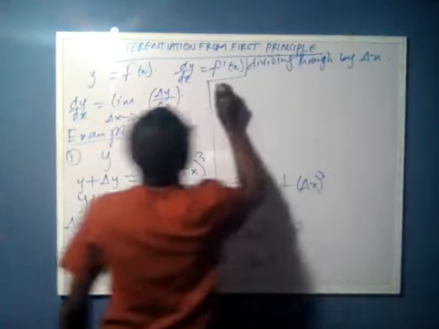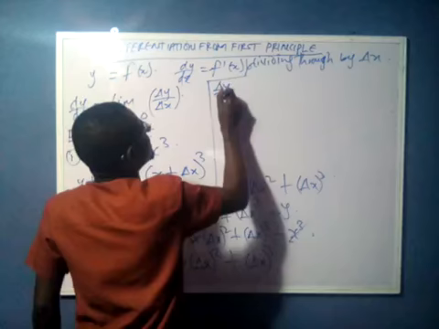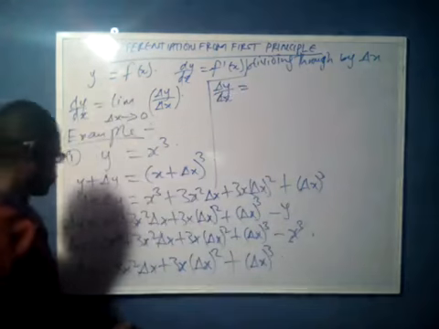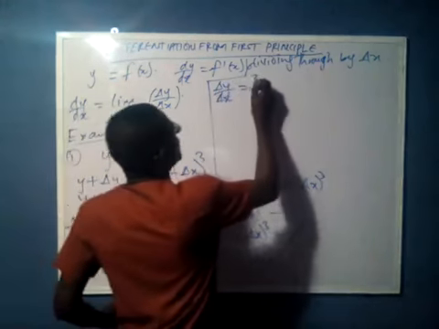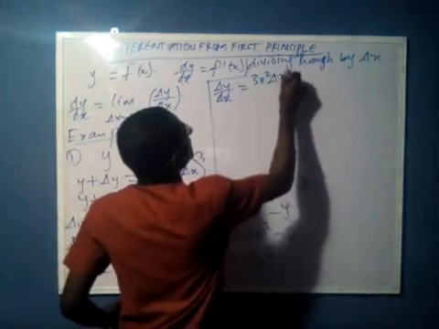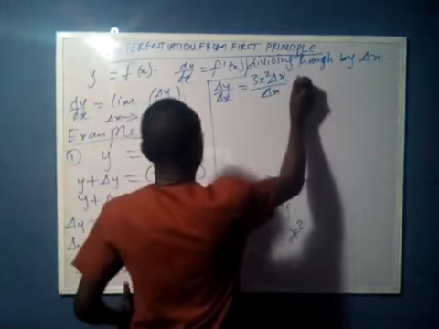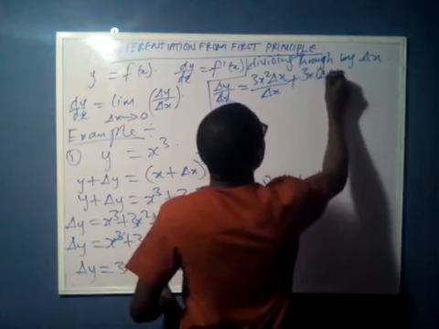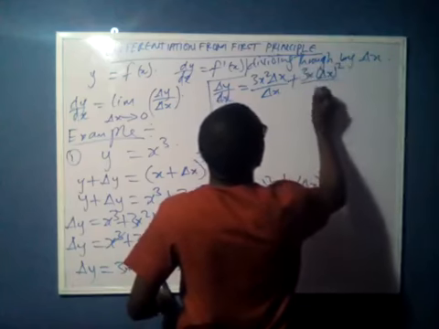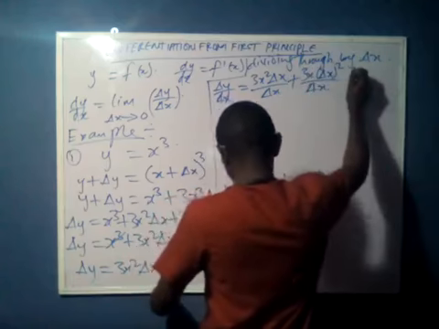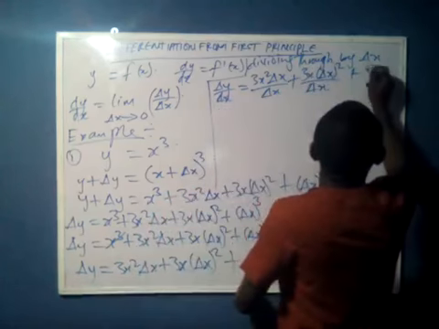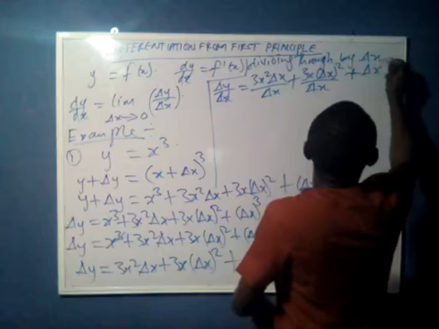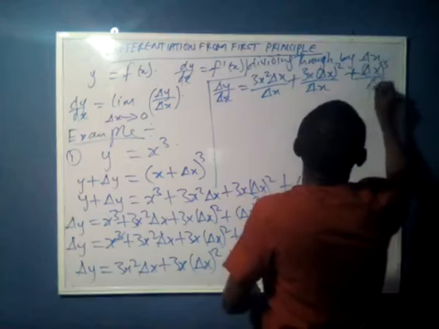Dividing through by delta x, we have delta y over delta x equal to 3x squared delta x over delta x plus 3x delta x all squared over delta x plus delta x cubed over delta x.